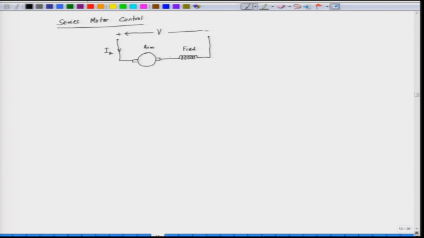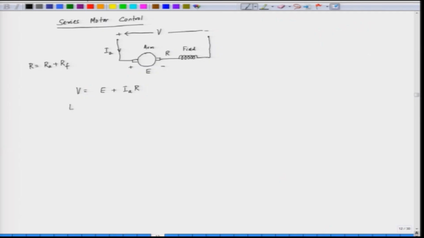Now, let us say the combined resistance is R. R is equal to the armature resistance plus the field resistance. So, the combined resistance of the circuit is R here, and the back EMF which appears across the armature is, let us say, E. Now, when we do this series motor control, we can write down the equation for the series motor. V is equal to the back EMF E plus I A into R. Now, what is E here?